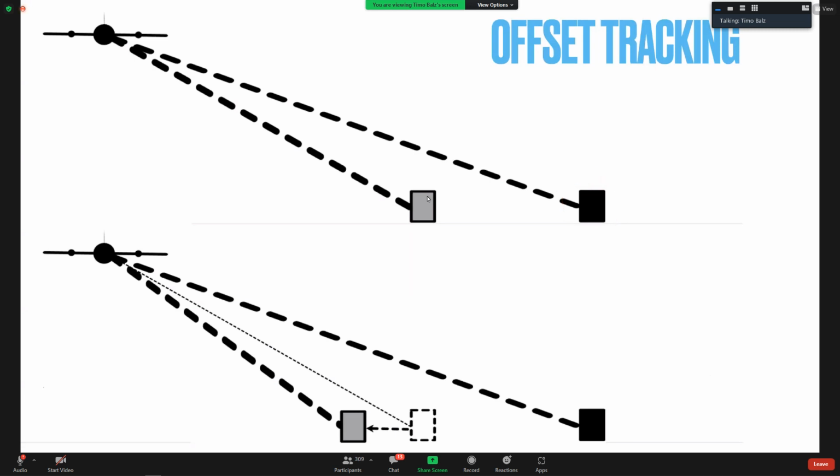Then we look at other points, for example, the gray point. And we just look at the distance between the black point to the gray point. Is that distance changing from one image to the next? In that way, we can identify motion. Again, the difficulty lies in identifying the stable point, finding the same point in both images.